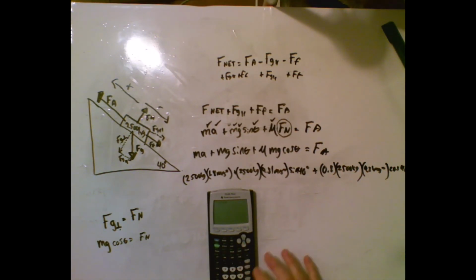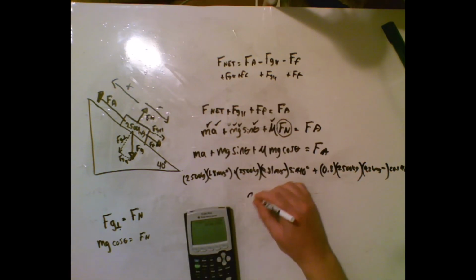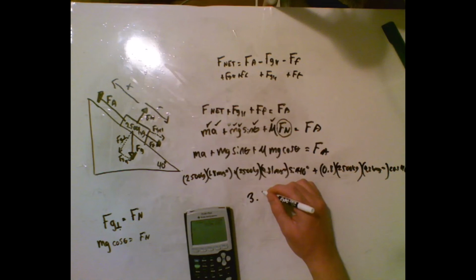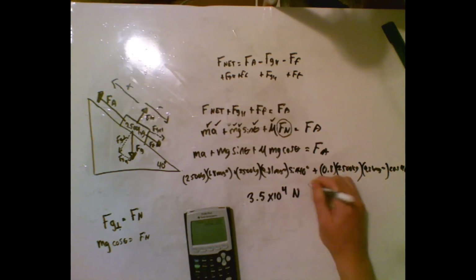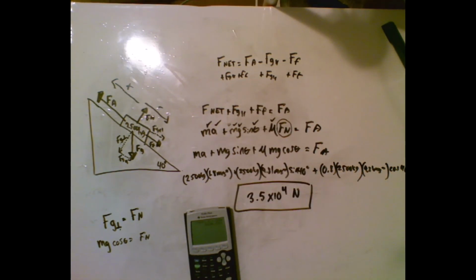So 2,500 times 1.8 plus 2,500 times 9.81 times sine of 40 plus 0.8 times 2,500 times 9.81 times cos of 40, and we get our force applied is 3.2 sig digs with the angle, 3.5 times 10 to the 4 newtons as our final answer.